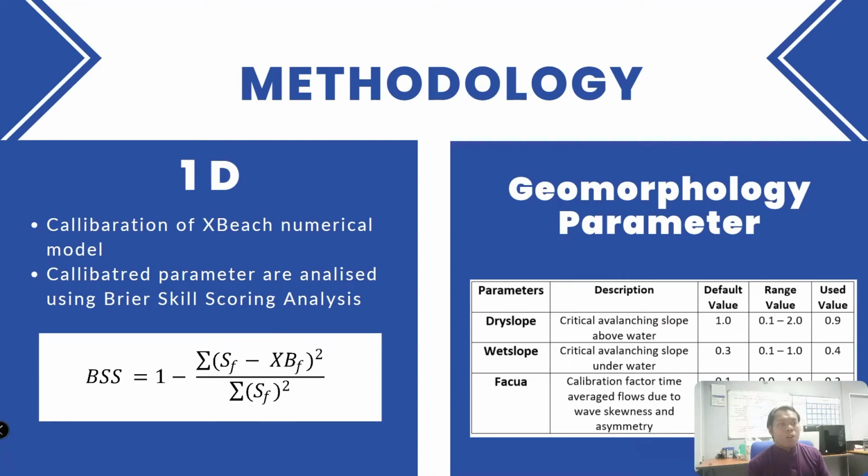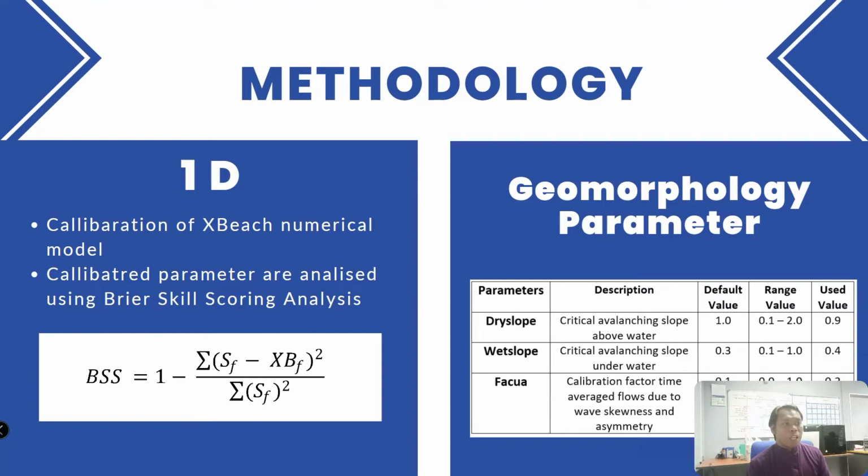The 1D model is used for calibration of the XBeach numerical model. The calibrated parameters that were changed can be analyzed using the Brier skill score. If the Brier skill score of the model is more than 1, it indicates that the model is good and accepted.